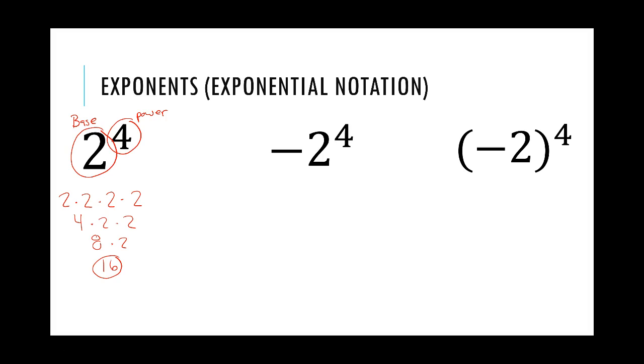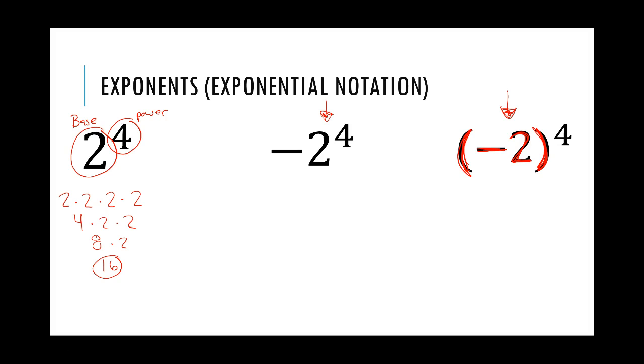Now we're going to skip to this last one here with the parentheses. There is a difference between this last one with parentheses and this one here without parentheses. The one with parentheses, I consider it kind of like a big bear hug. Parentheses are holding something together. So it's saying this negative sign and this 2 have to stay together because the parentheses tell it that they have to.